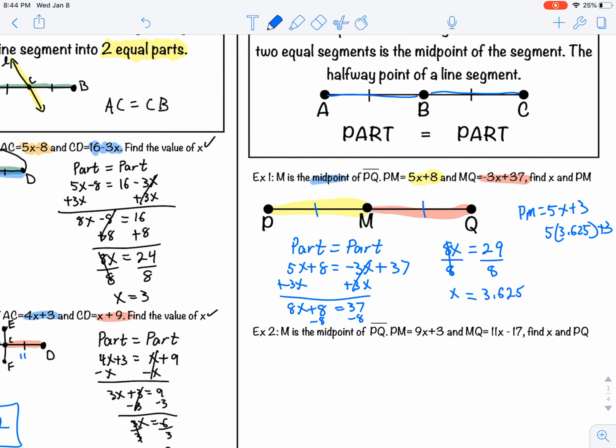Take a second and go ahead and type that into your calculator. And you should come out to have a total of 21.125. And there's your answer. Okay?